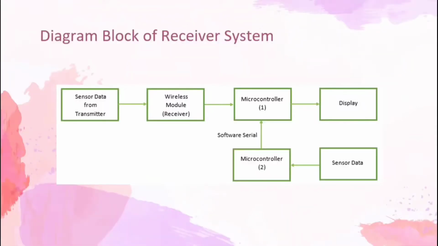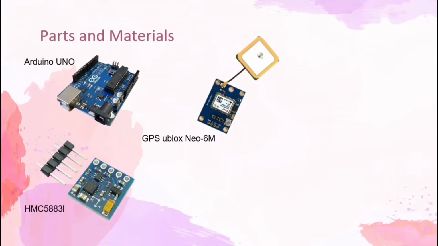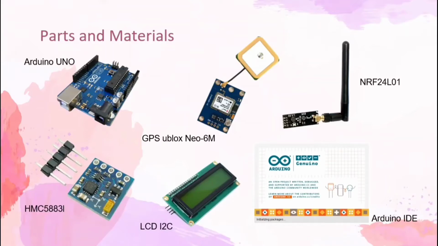As we can see, here is the block diagram of the receiver system. To build this, you will need two Arduino Uno, a GPS module, a compass module, a wireless module, an RF24L01, an LCD, and you will need software for the source code, which is Arduino IDE.